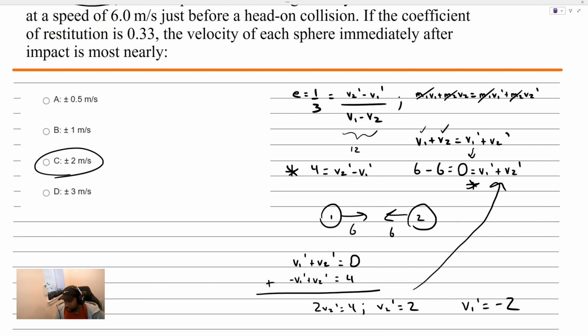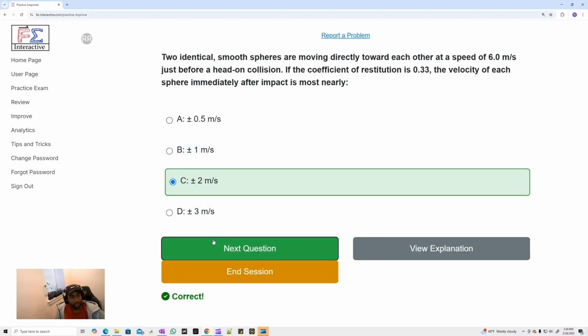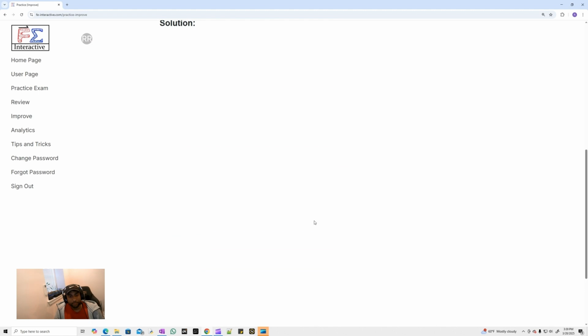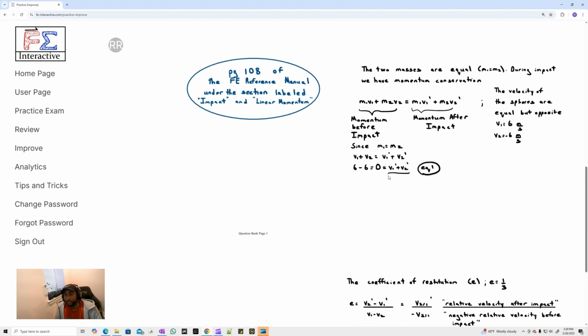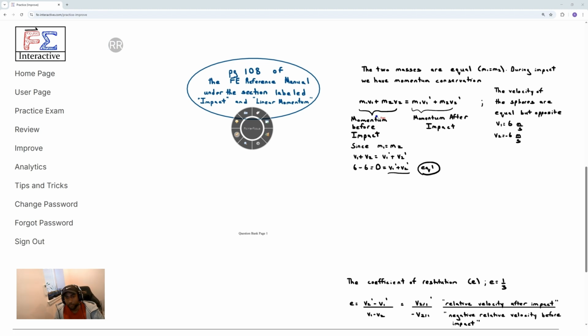Let's go ahead and check our solution here. Okay, so we got the right answer. Just to quickly review what we did, we looked at momentum conservation, which was saying that the total momentum in the system before impact was exactly the same as the momentum in the system after impact.